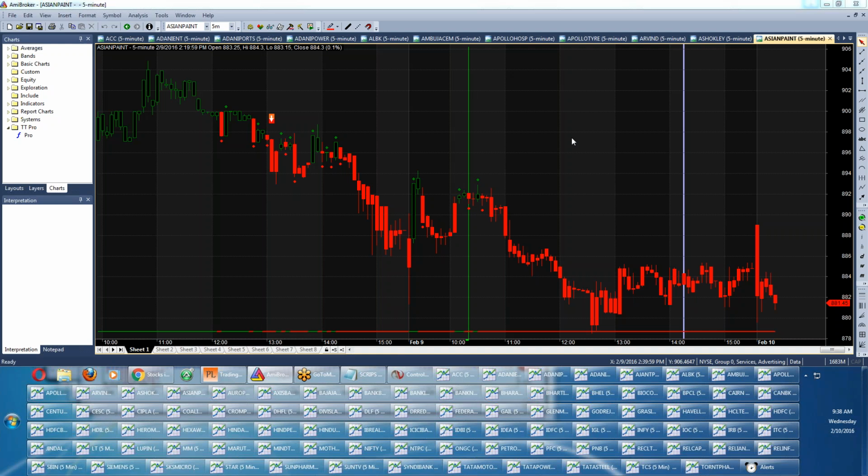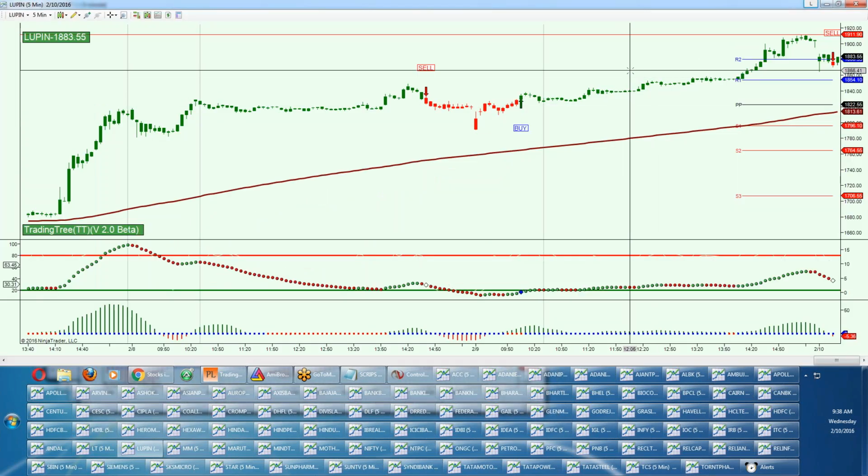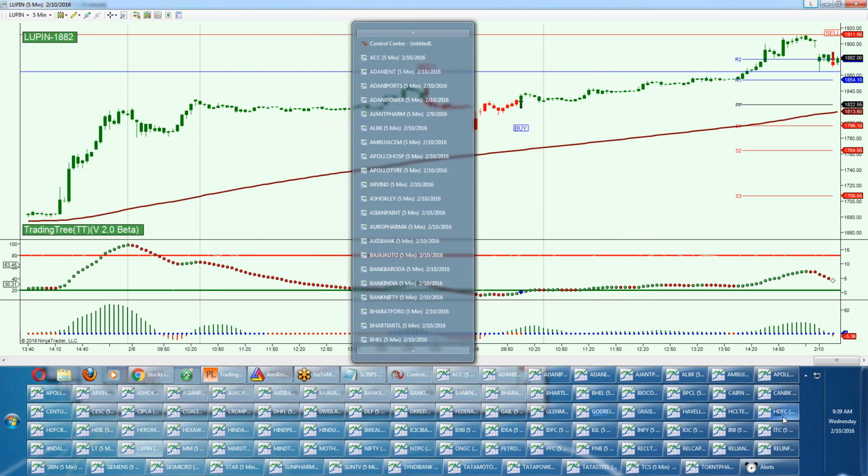So we have some more calls. So let's take Lupin. If you have a sell here, I don't think it will materialize. Anyway, that is the entry. So ITC, we have a sell.